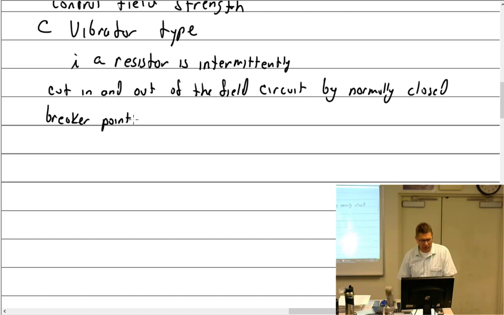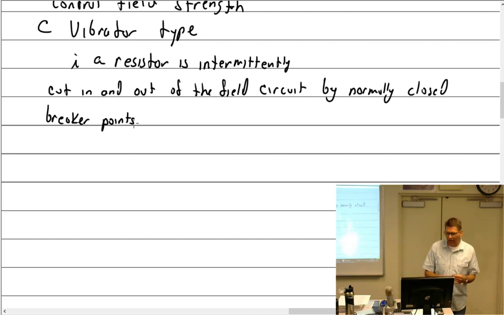What does normally closed mean? Does that mean that they are in fact normally closed, like on average they spend more time closed than open? No. Normally closed means they start closed. Their relaxed position with nothing happening means that they are closed.